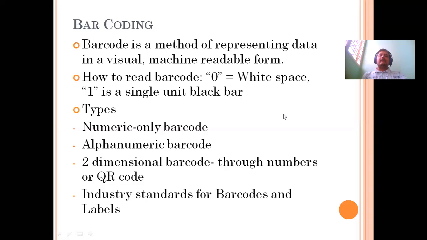Then there are alphanumeric barcodes. In these, we use spaces as well as numerical values, 0 or 1, together with alphabets. And then the two-dimensional barcode.